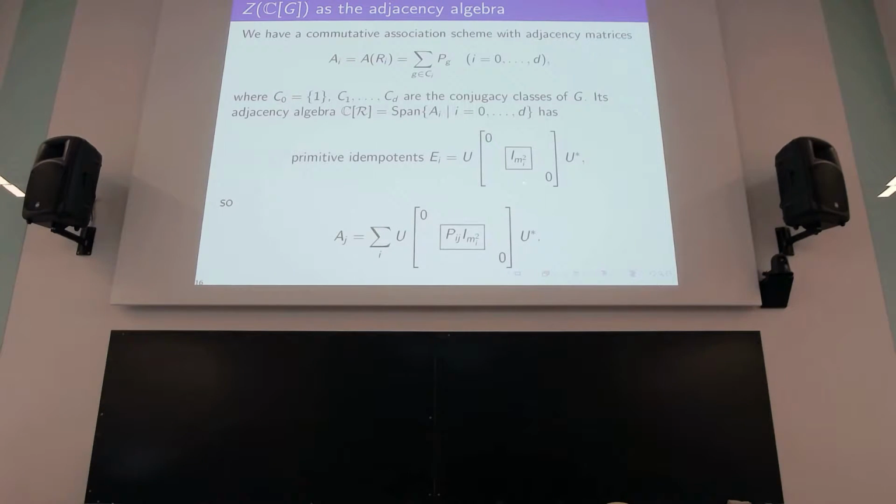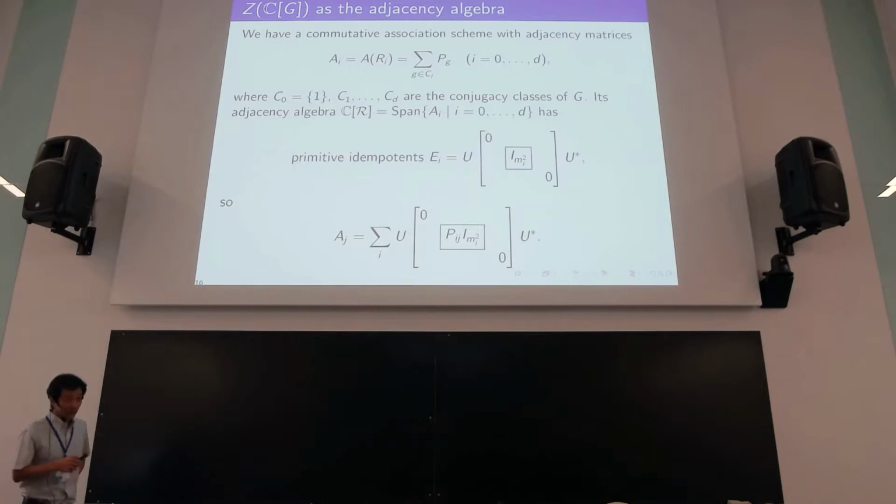Of course we need some transformation, that is, you sandwich this 0, 1 matrix by the unitary matrix that was used to block diagonalize the group algebra. So the adjacency algebra is also diagonalized, in this case not block diagonalized, by the same matrix U.